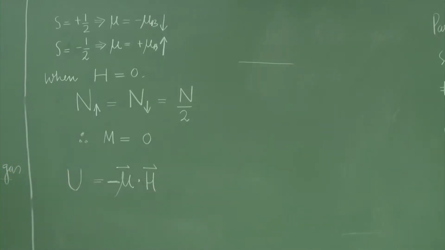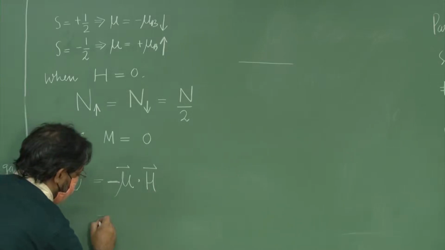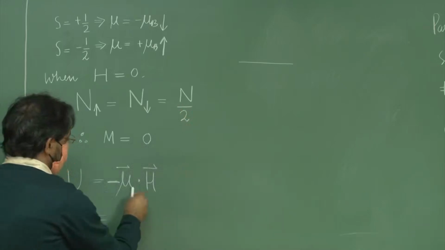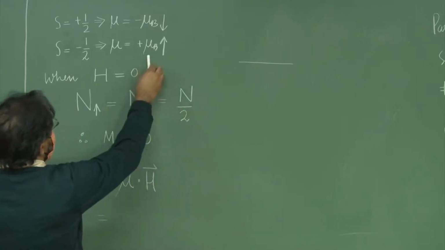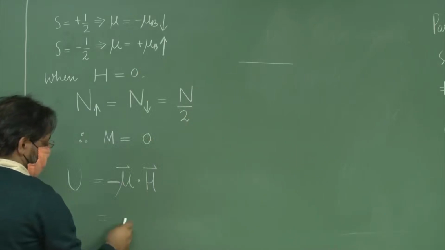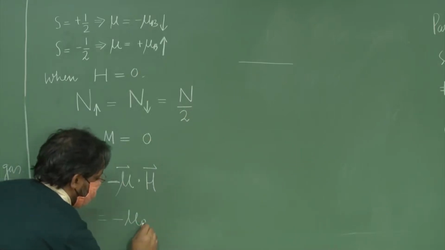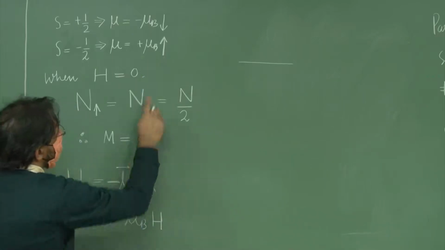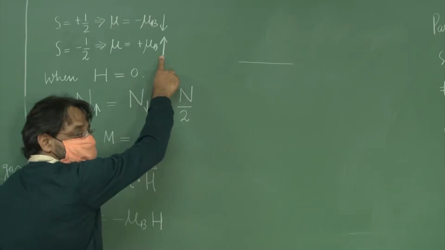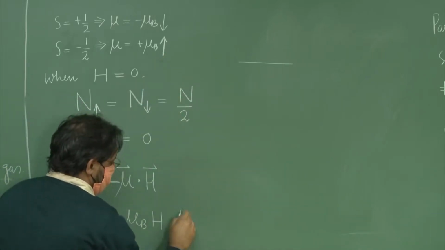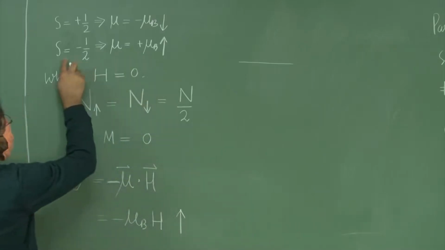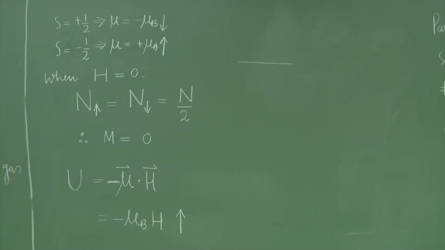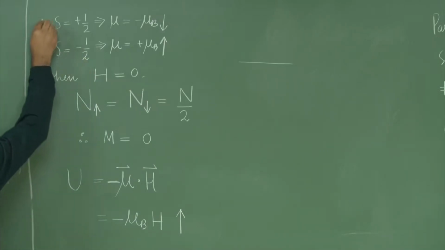Okay. So you know h is applied in the upward direction, right? And when mu is also pointing in the upward direction, the total energy will be minus mu b h. Okay. So this energy will be minus mu b h for the magnetic moments pointing in the upward direction, or for the spins pointing in the downward direction. All right. So for spin orientation, I am using this yellow color.